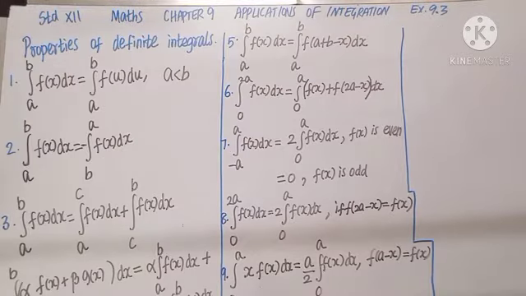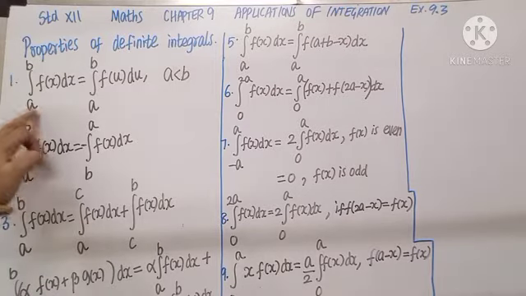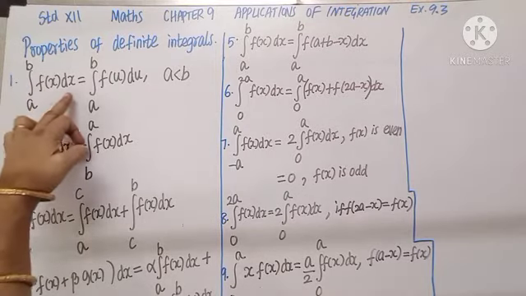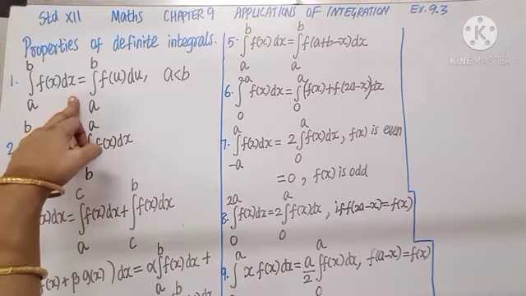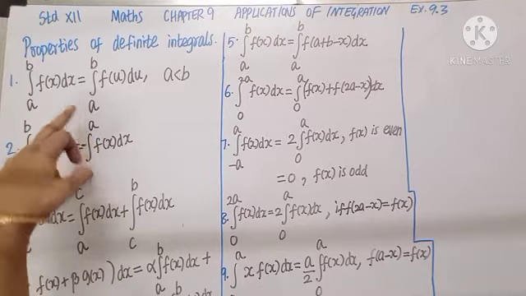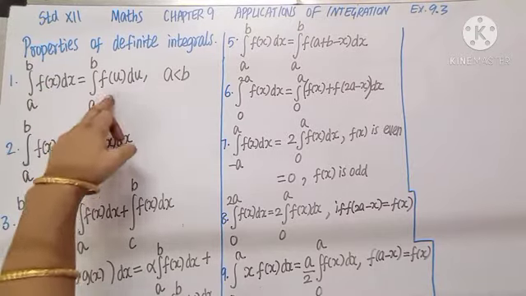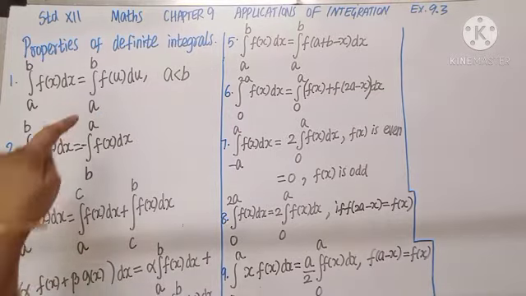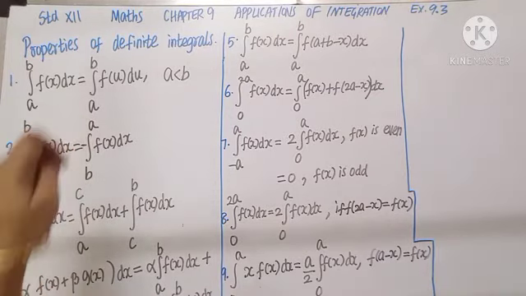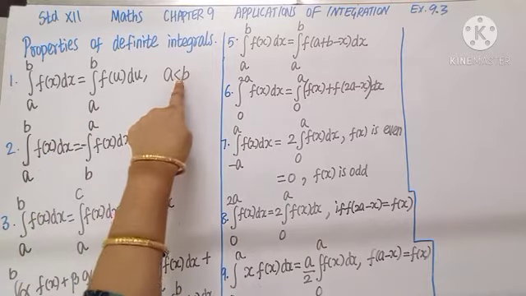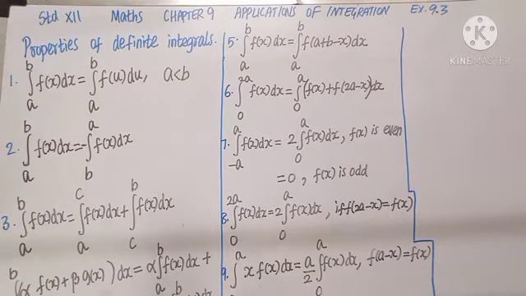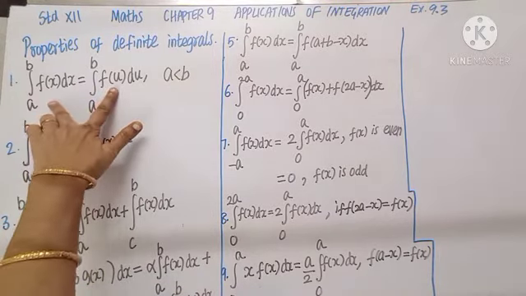Property number 1: the integral from a to b of f of x dx can be rewritten as the integral from a to b of f of u du. Whenever I say a to b, a should be below b. What is the difference between these two?